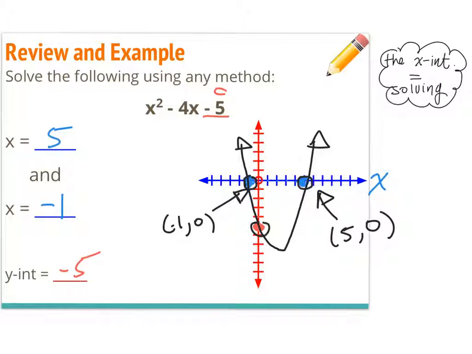So again, every time you solve it, negative 1 and 5, you're finding the x-intercepts as well. And very similarly, actually a lot simpler, c you're always going to have in the graph, so c in this case is 0, negative 5. Now this is all we're going to focus on today. Notice that my parabola is not the best just because I'm only going to focus on the intercepts for today.